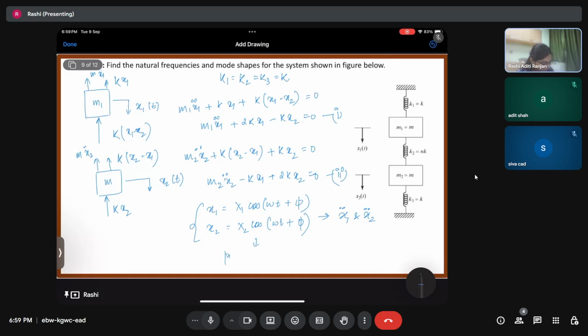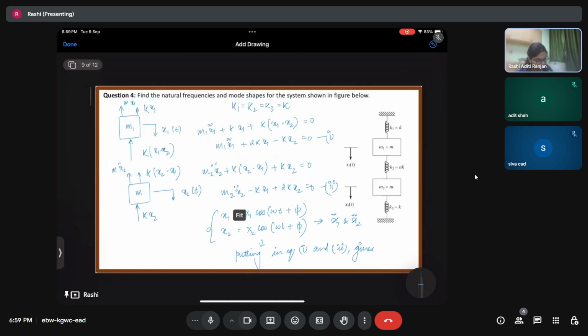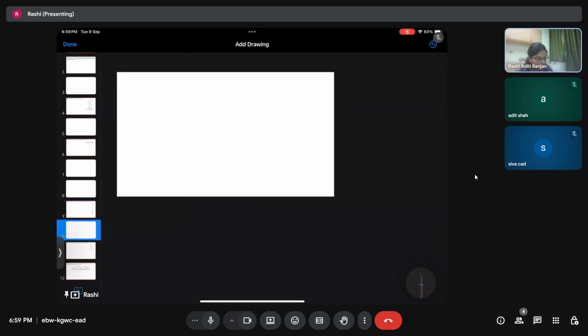Putting these in equations 1 and 2, what does it give us?